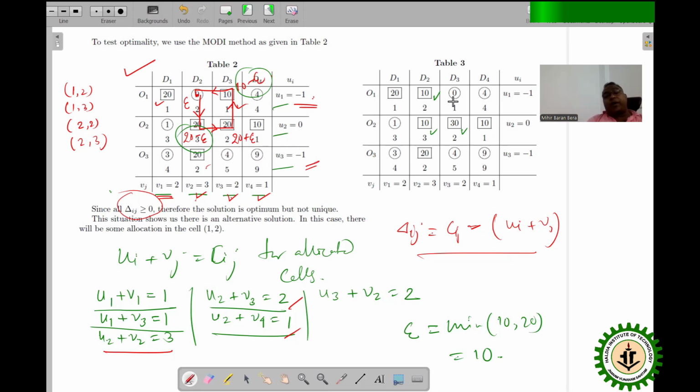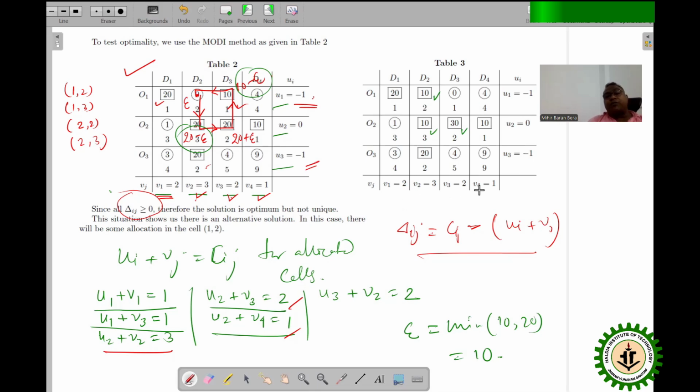Be careful: after finding out these new allocations, once again you have to go for the optimality test. Without doing this, you can't say that whatever solution you got is optimal. So the second time, the optimality test we are doing in the same manner: U1, U2, U3 are the dual variables of the origins 1, 2, 3.